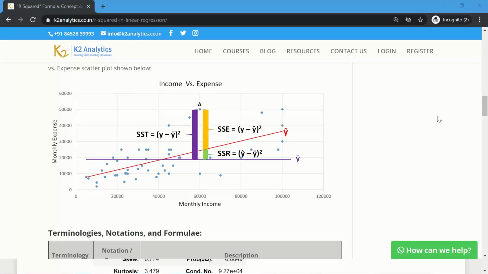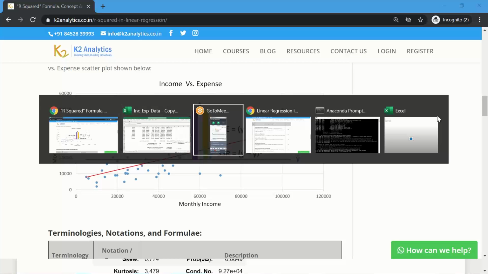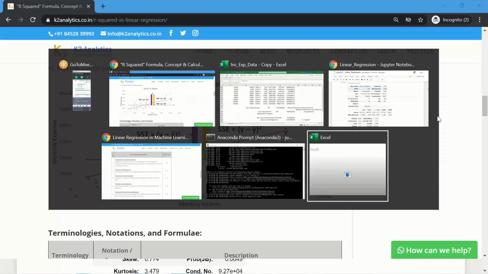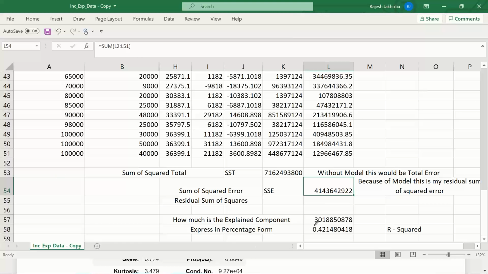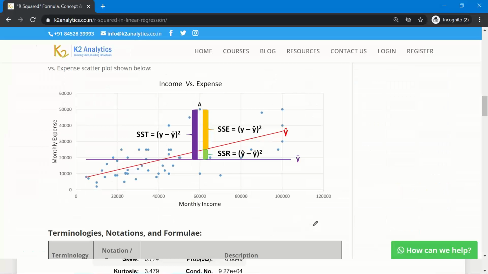Okay, I hope all of you have been able to complete till this point in the Excel. Now I come back to my blog. Now let us just remember the variance formula. Variance formula is y minus y bar the whole squared divided by n.